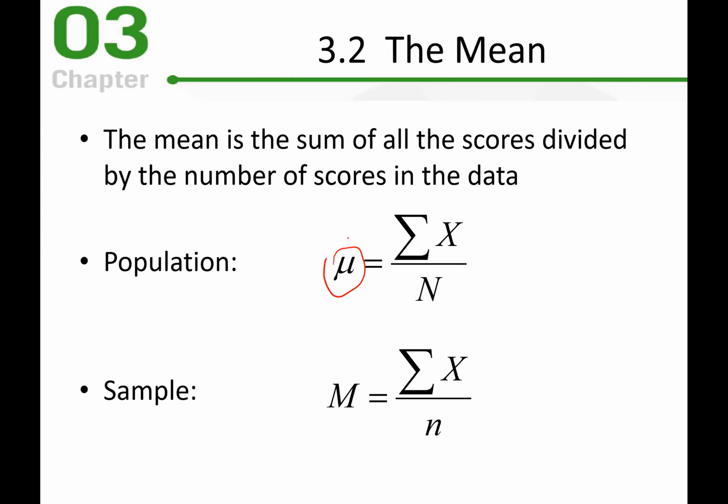The population mean is the sum of the X scores divided by the population of scores, capital N. This one here is sigma, which means summation. So the summation of the X scores divided by the population of scores gives us the population mean, or mu.